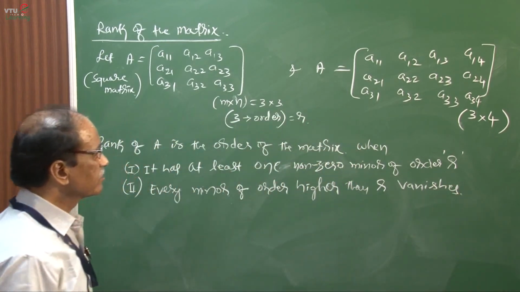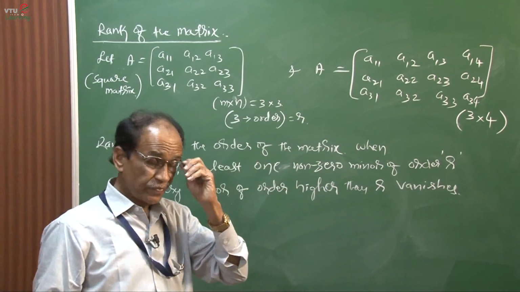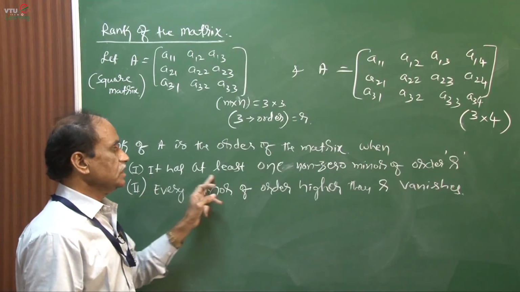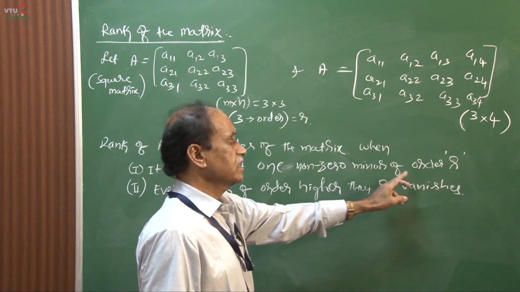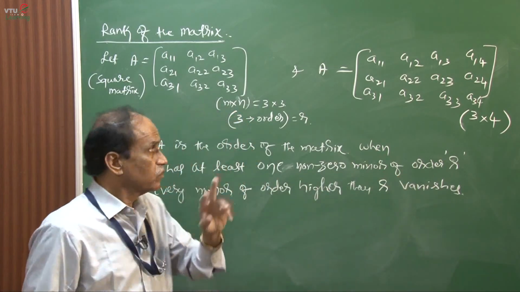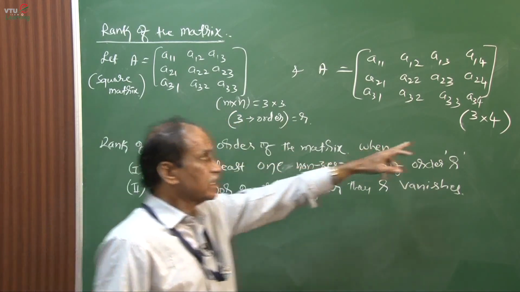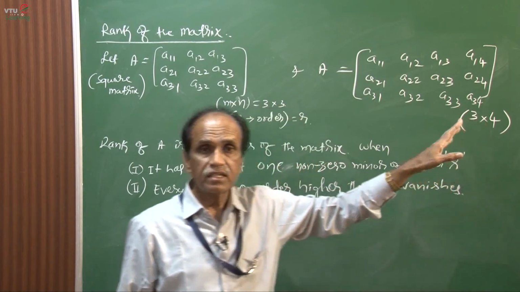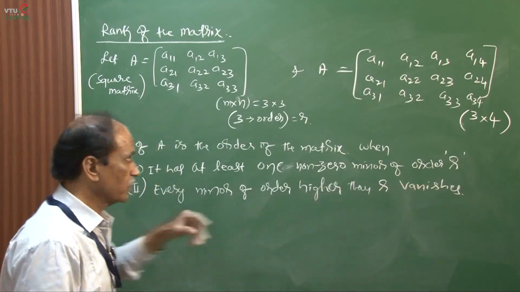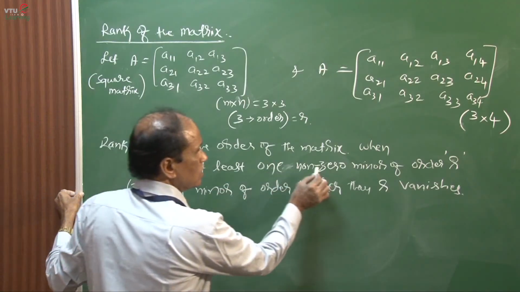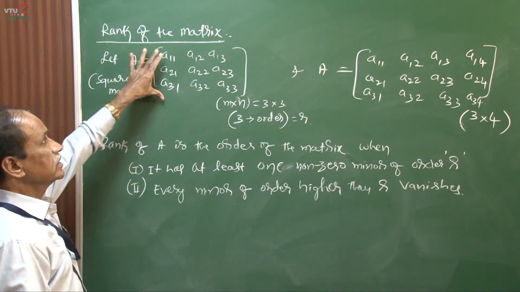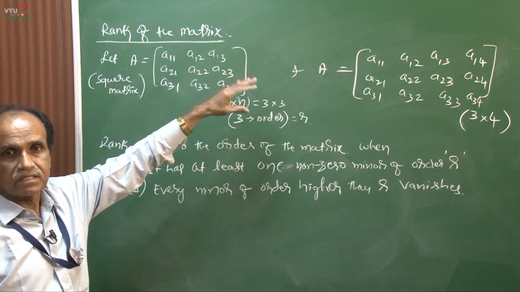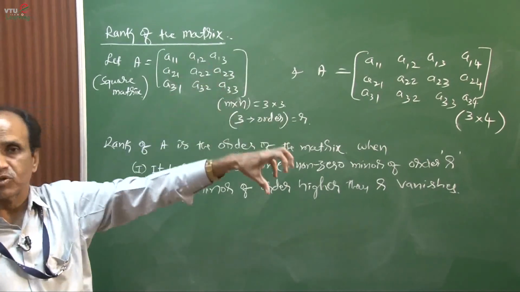What is the meaning of these two conditions? One, it has at least one non-zero minor of order R. What is the order here? 3 or 4, but in the case of rank, the order is not equal to 4. This is not a minor, as it is the order given as 3 only.